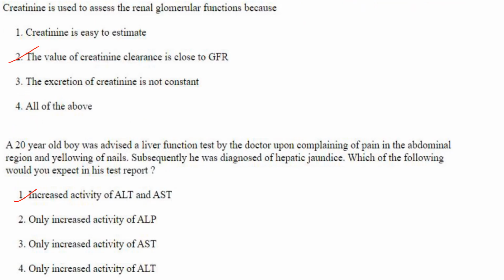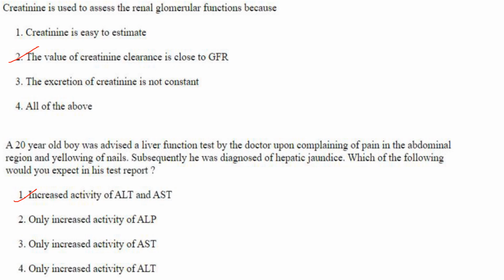Creatinine is used to assess the renal glomerular function because creatinine is easy to estimate. No, the value of creatinine clearance is close to GFR. That is correct. GFR is glomerular filtration rate. So the value of creatinine clearance is close to GFR. That is the answer.